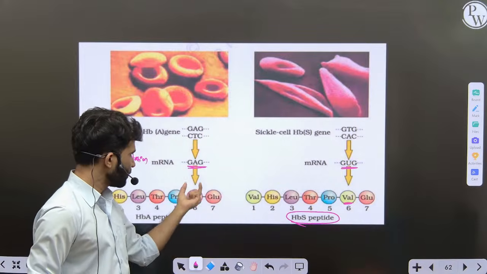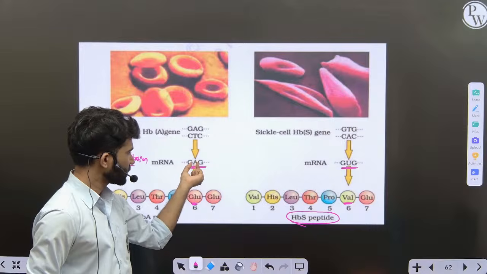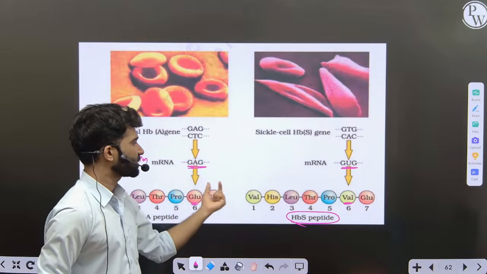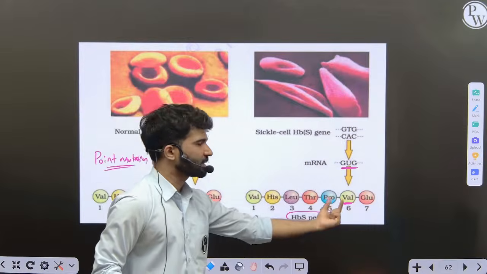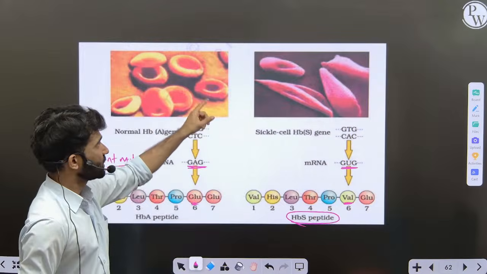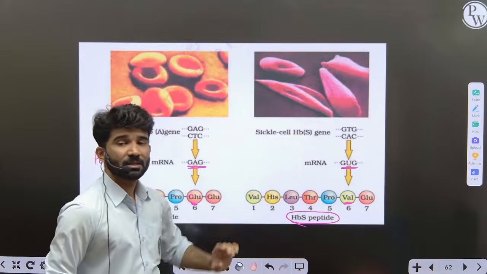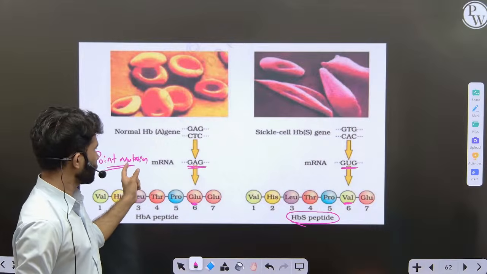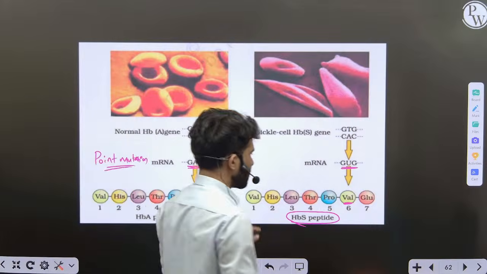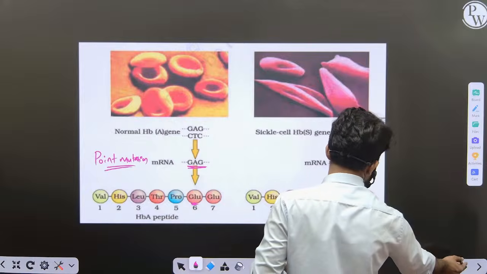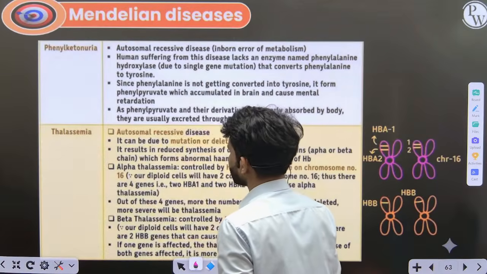This one point change in the nucleotide base causes a different protein to be expressed, which turns the shape of the RBC into a sickle. It is an autosomal recessive disorder.